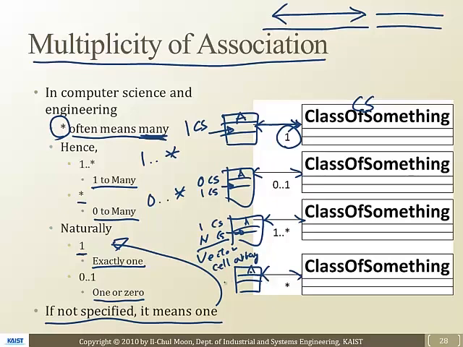And here, this means that we might have 0 CS or n CS, which means it should be a set array, okay? So by looking at the association relationship, we can see whether a certain class should have a set array or a single variable to hold certain properties, right? So we can find that out from the association relationships.